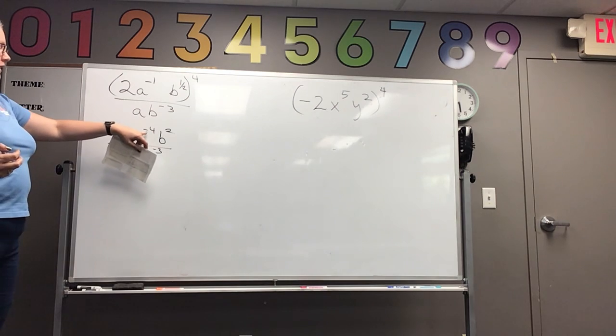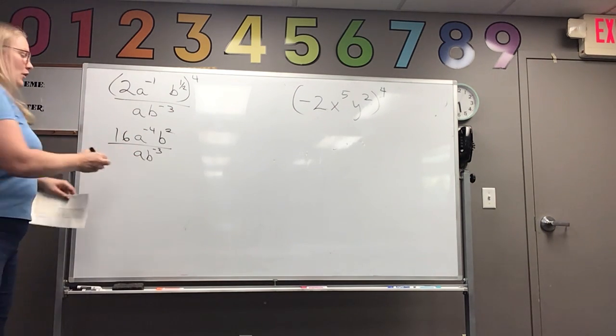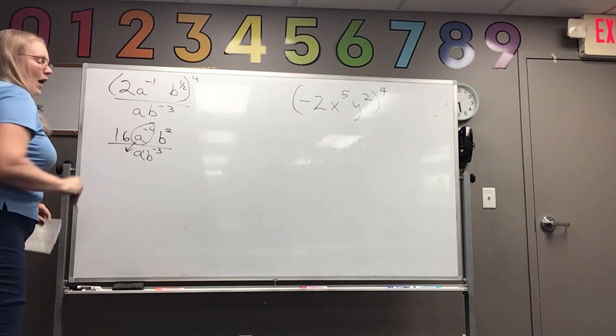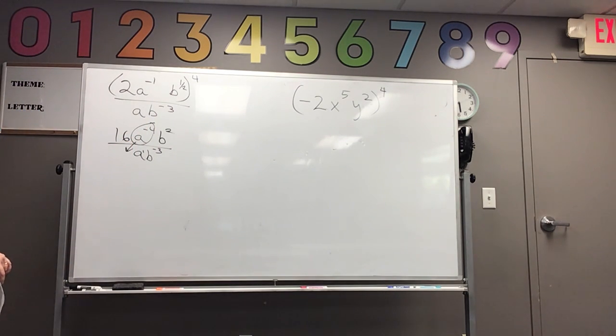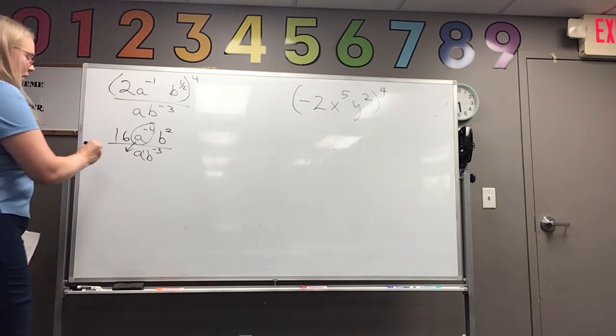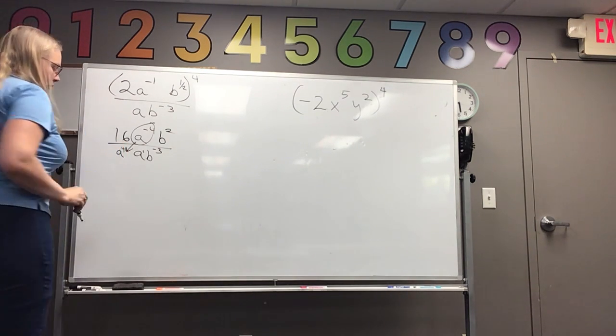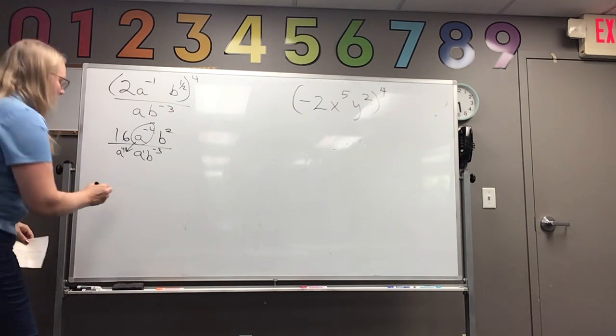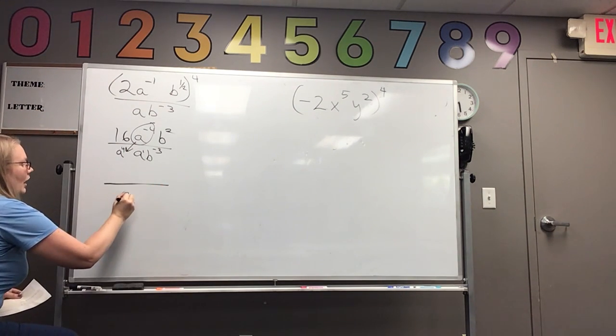And so a to the negative fourth, a to the positive 1, I want to move this down, is how my brain sees that, to get it to the positives. And so this becomes a to the fourth, because the negative makes it move. It's always going to switch sign when it switches the top or bottom of a fraction. And so we become positive a to the fifth.